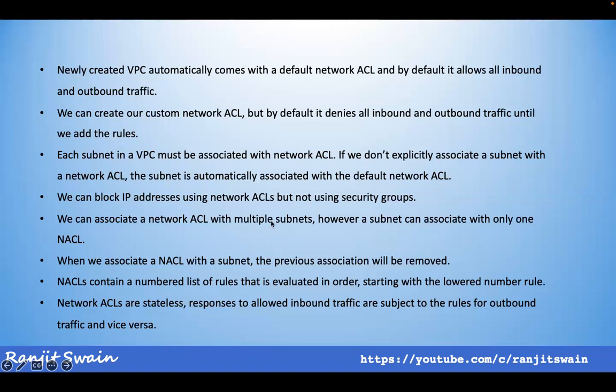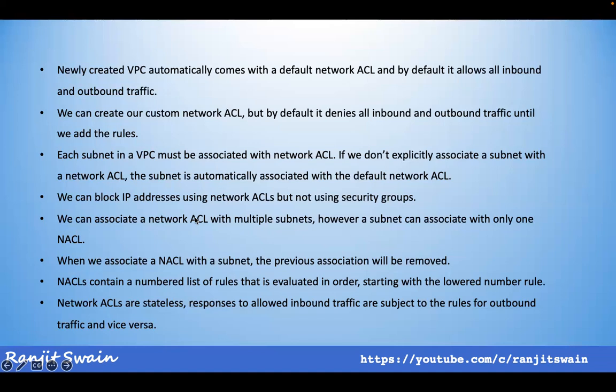So if we have subnets A, B, C and network ACL A, we can put all these subnets into this network access control list. However, a subnet can be associated with only one NACL.